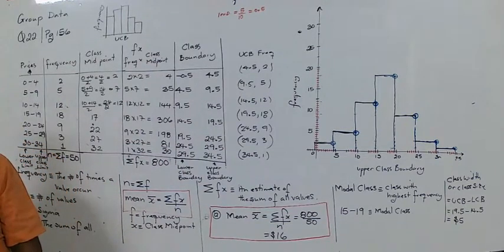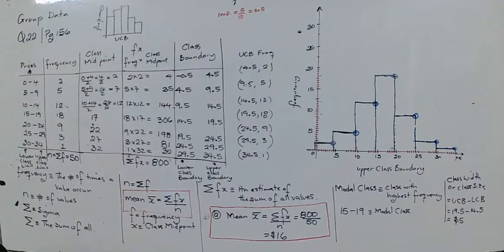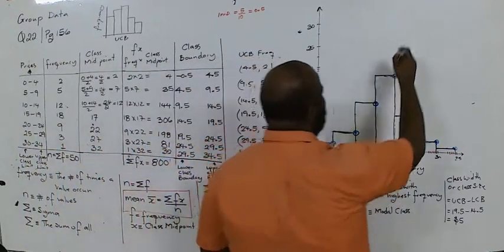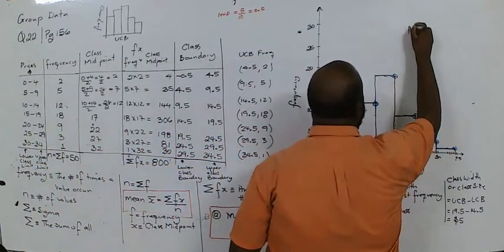I want to answer C. Then you can ask me any question you want. Here's what C says: estimate the probability that a worker selected at random would spend at least $20 on lunch. Here's what I would tell you.